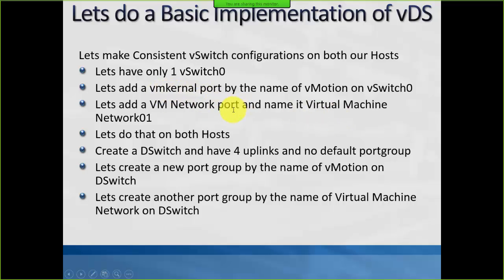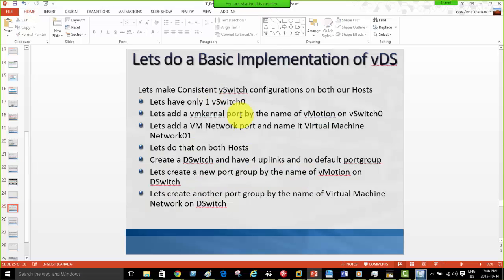Then we're going to go to vCenter, deploy the distributed switch, and then import or connect the host ESXi01 to the distributed switch, and then connect the host ESXi02 to the distributed switch, right? So right now, if we go step by step, we're gonna have a proper consistent environment. So let's go ahead.